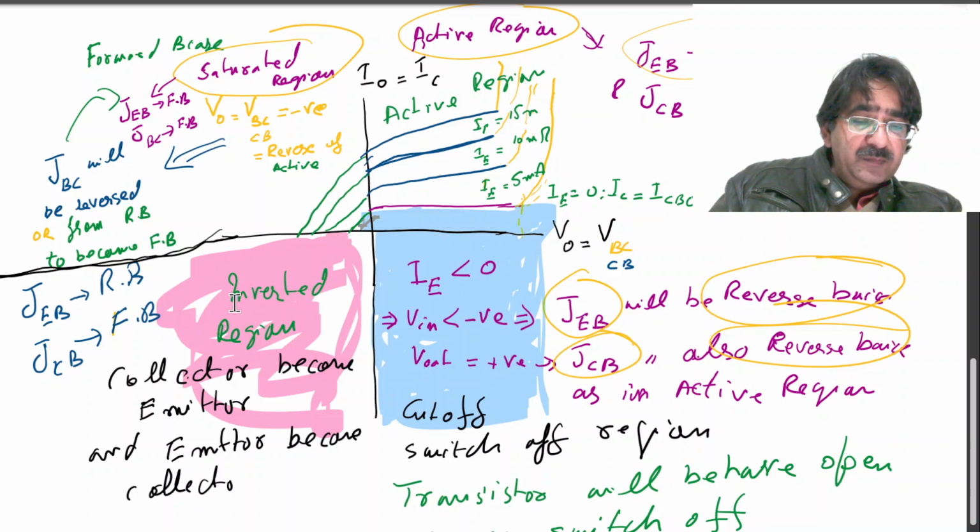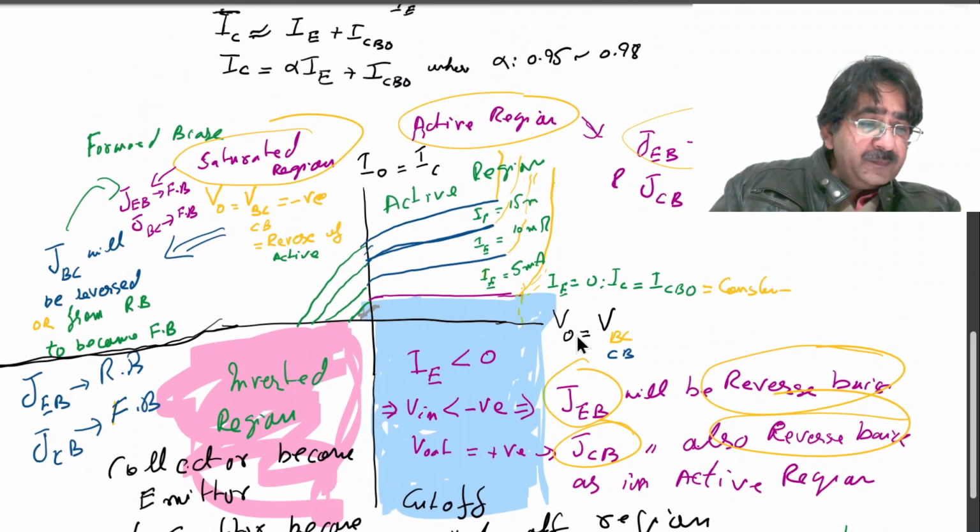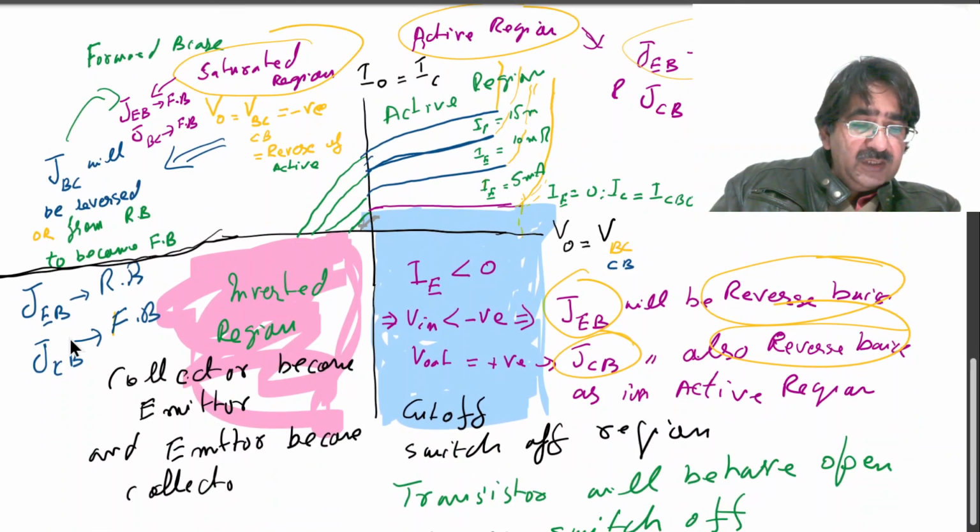This is the inverted region because both the output voltage and collector current are reversed.